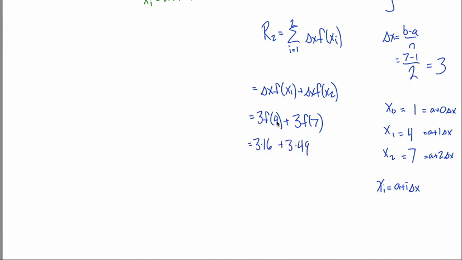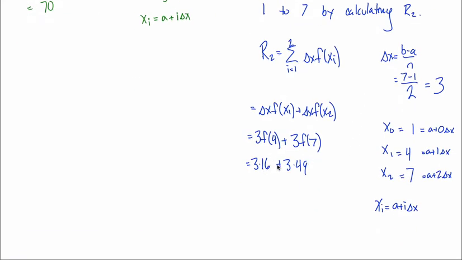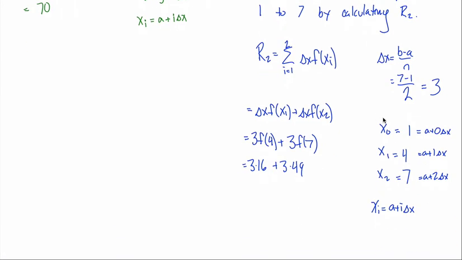So 3 times 16 gives me the area of the first rectangle. 3 times 49 gives me the area of the second rectangle. Note, this could be a different function. This could be e to the x power, and then this would be e to the fourth and e to the seventh. It's whatever comes out of this function when you put the specified values of x in.